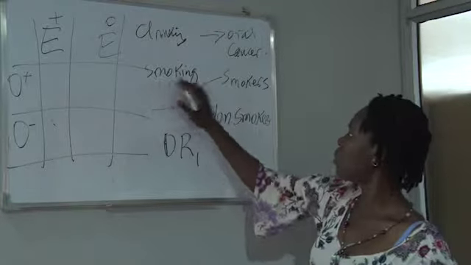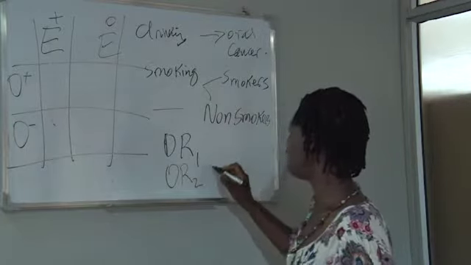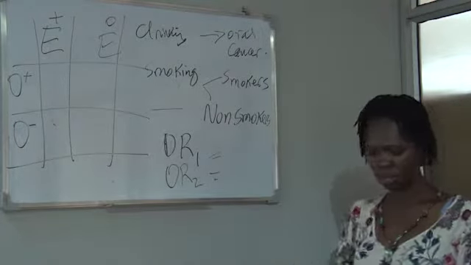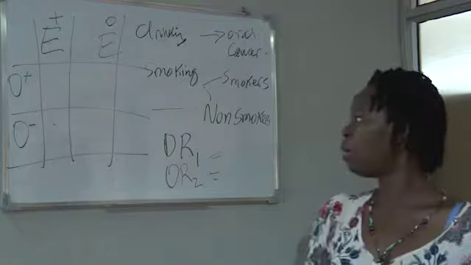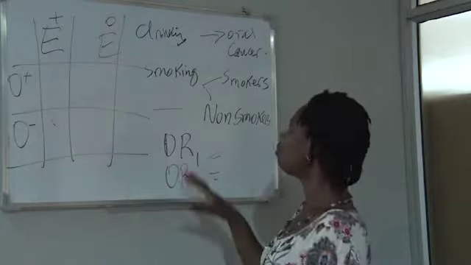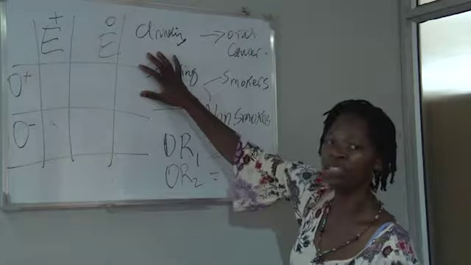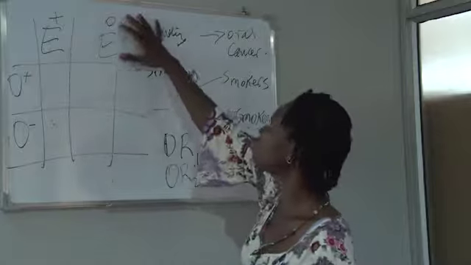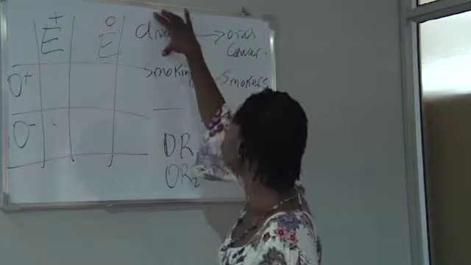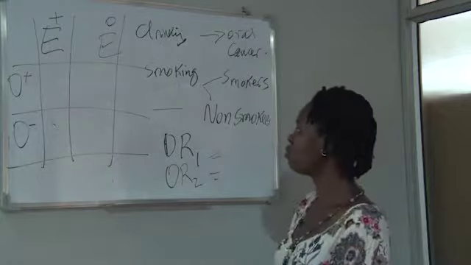One odds ratio among the smokers, the second odds ratio among the non-smokers. Remember, we also had the original table, before we split this drinking and oral cancer group by smoking status. We just looked at the odds ratio between drinking and oral cancer. So we have a third odds ratio.